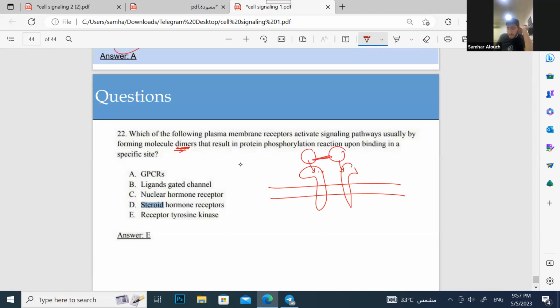Once it binds, dimerization happens. So the two receptors shake hands with each other, and so we have dimerization. So which of the following needs a dimer? The answer is receptor tyrosine kinase. Don't mind this because I was searching for keywords. So the answer is E, receptor tyrosine kinase, because tyrosine kinase needs dimerization.